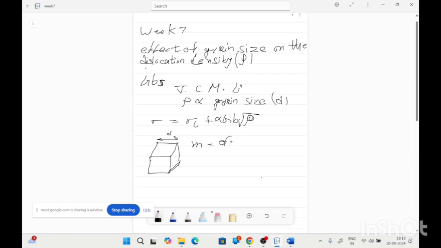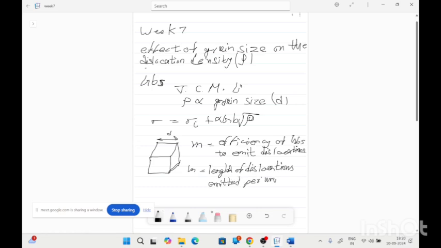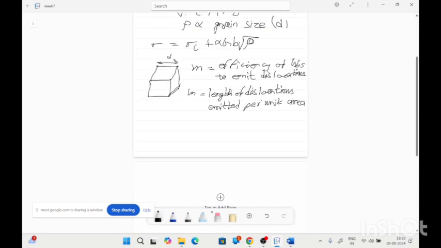So m can be written as the efficiency of grain boundaries to emit dislocations, and it can also be written as the length of dislocation emitted per unit area at the grain boundary during yielding.